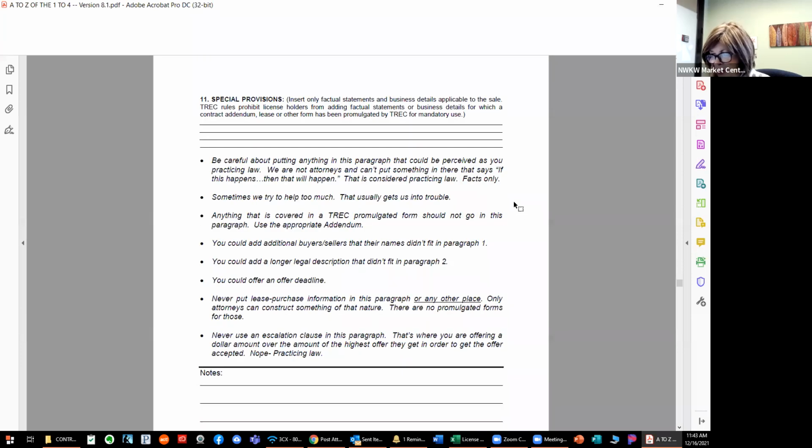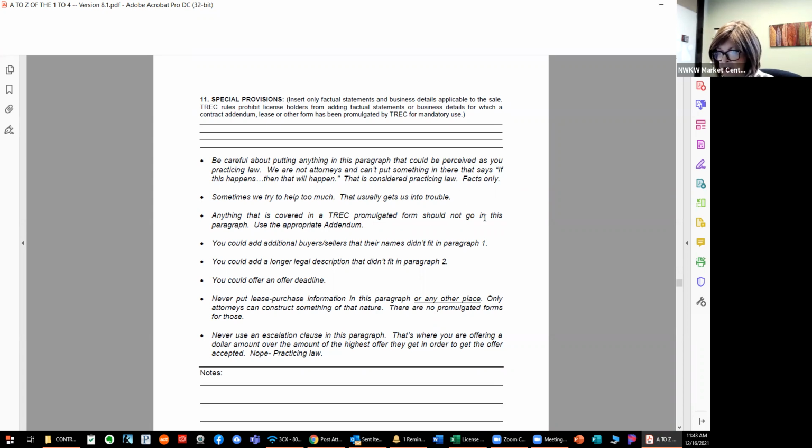Special provisions. Be careful about putting anything in this paragraph that could be perceived as you practicing law. We are not attorneys and can't put something in there that says, if this happens, then that will happen. This is considered practicing law. Facts only.